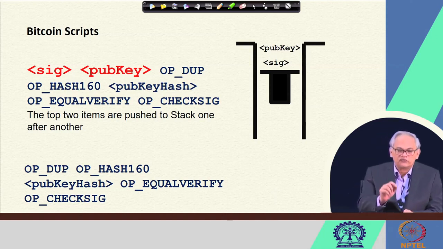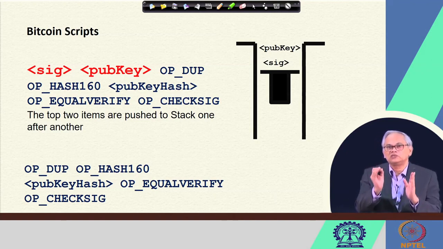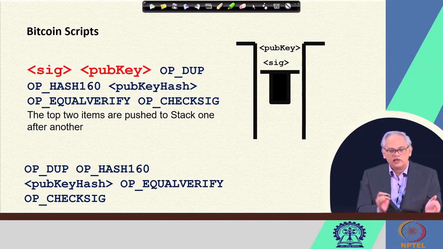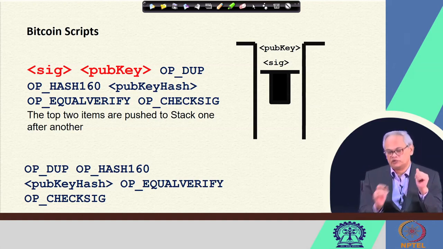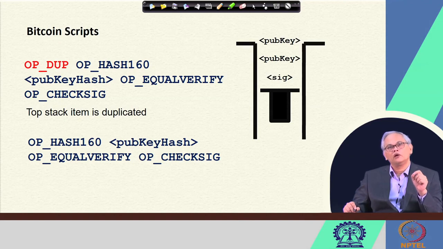So, let us see that after we have pushed sig and then we have pushed pub key, this is the current status of the stack. We have the top two items pushed to the stack one after another, and then what we show below is what part is still left in that combined script. And now, we have the operation of op dup.